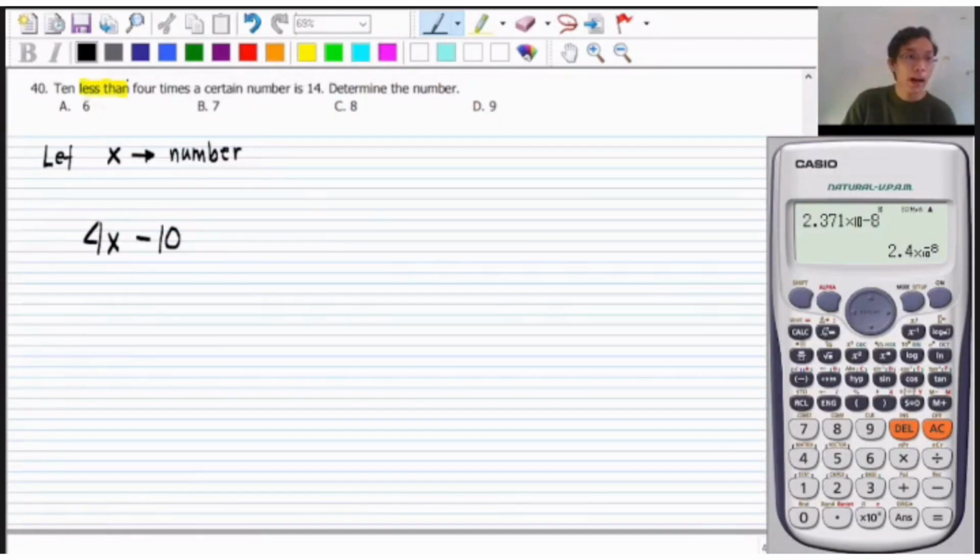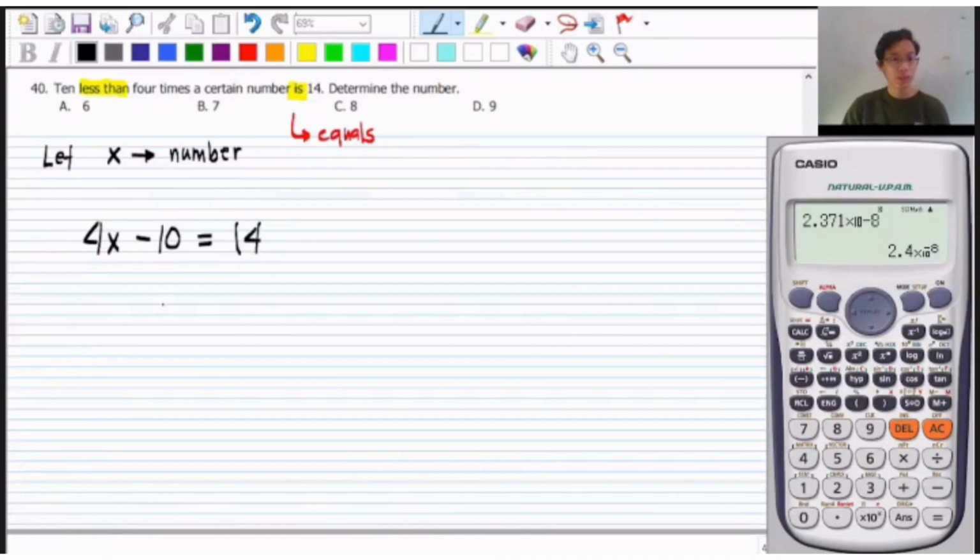Kung may nakita kayong than, or less than, greater than, more than, mga ganon, unahin yung input, yung nasa huling nabanggit. Ano ba yung huling nabanggit? 4 times. Tapos, itong is, pag may nakita kayong ganyan, ibig sabihin yan, equals. Okay? So, 10 less than 4 times a number, this is 4x minus 10 equals 14.